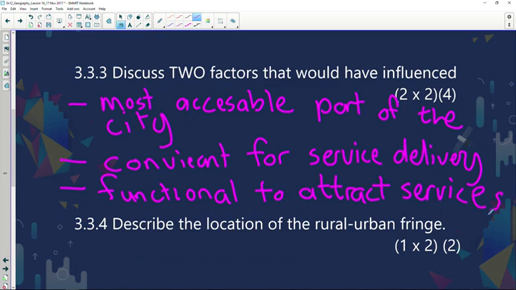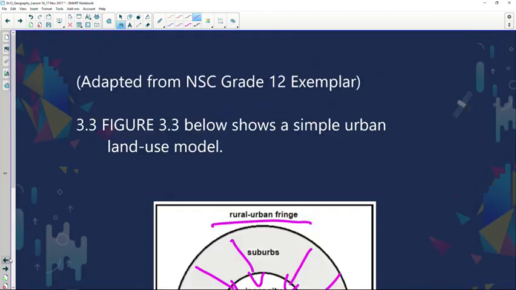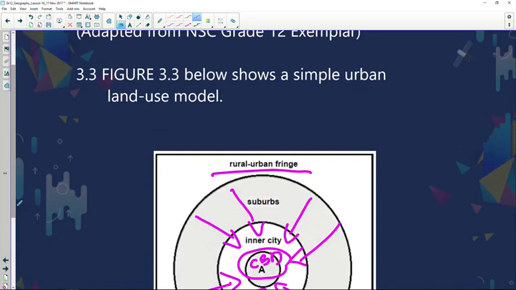Describe the location of the rural-urban fringe. Now, like I've mentioned, it's the transition zone from your urban areas to your rural areas. So if you move away from your urban areas, you move to your rural areas. And as you can see, it's situated on the outskirts of your urban areas.